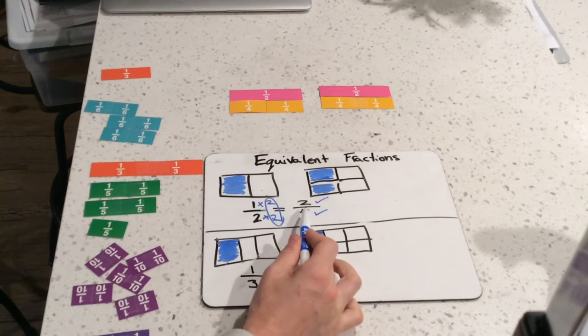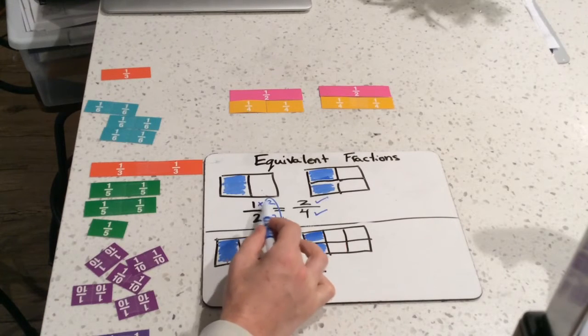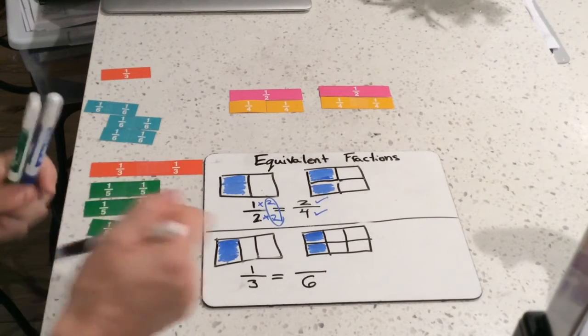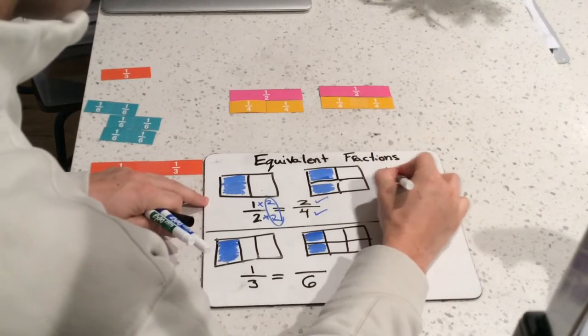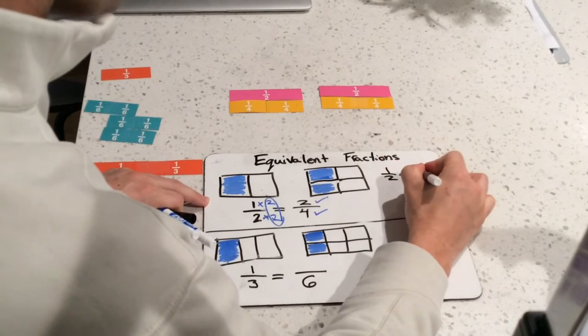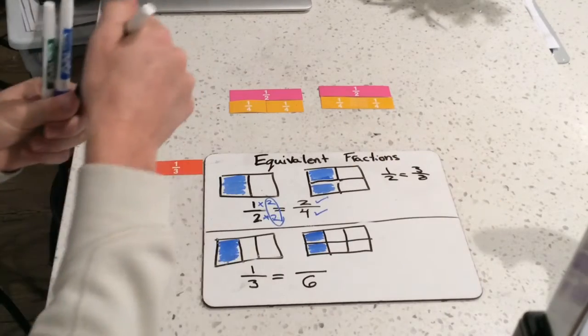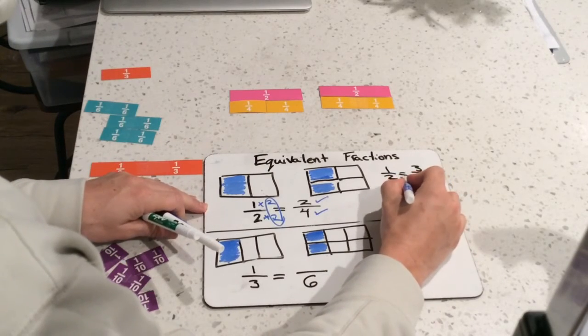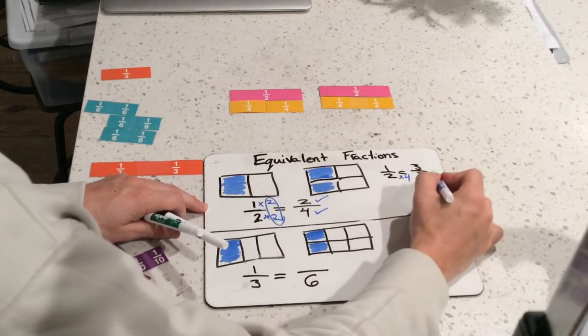And if we get a true statement, 2 times 2 is 4, 1 times 2 is 2, then we've proven that they are equal. Here would be a non-example of what that looks like. So if I had 1/2 is equal to 3/8. In order to go from 2 to 8, I need to multiply by 4. 2 times 4 is 8.